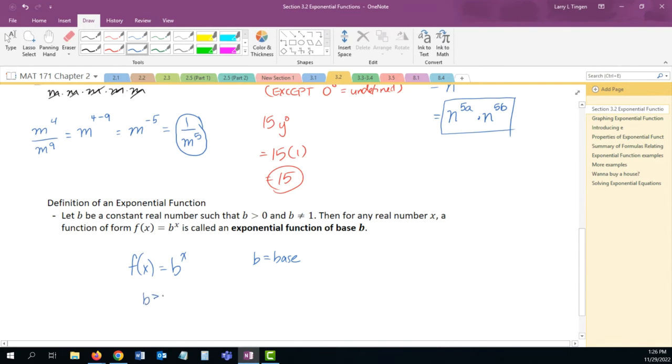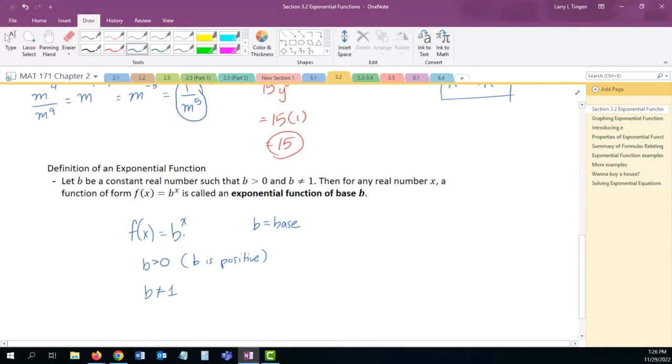All right, so there are two rules. b has to remain positive. b is greater than 0, which means b is positive. And b is not equal to 1. Now b has to be positive because if I had a negative number down here and I raised it to a power, the function wouldn't act like an exponential function.